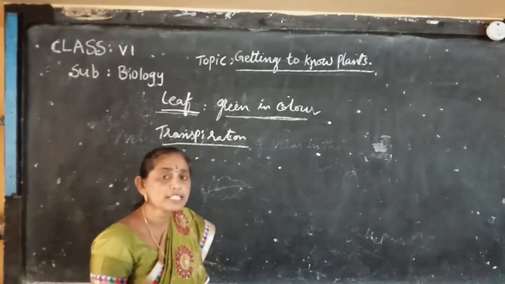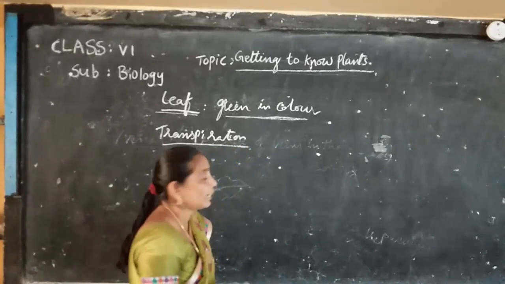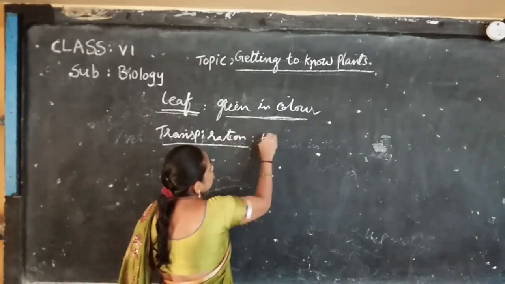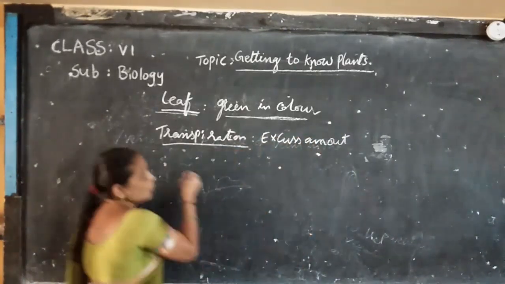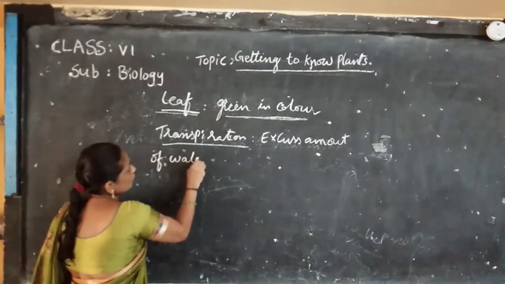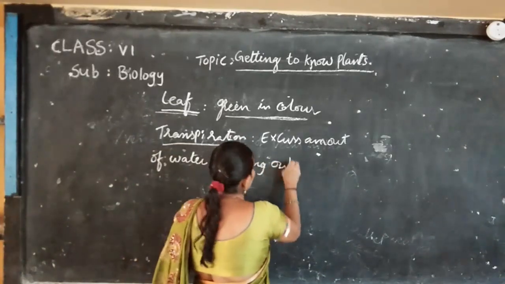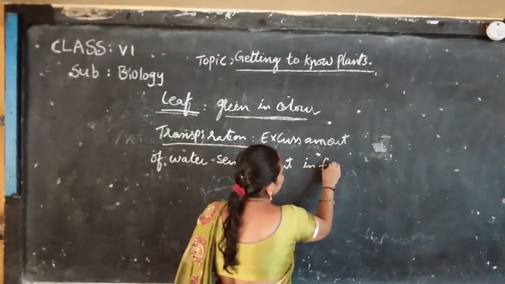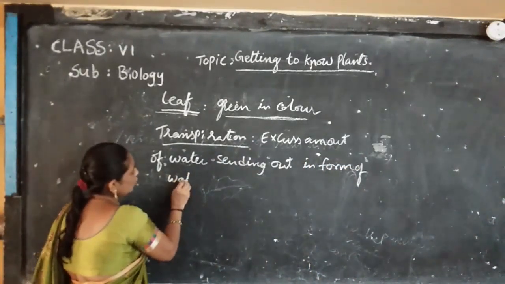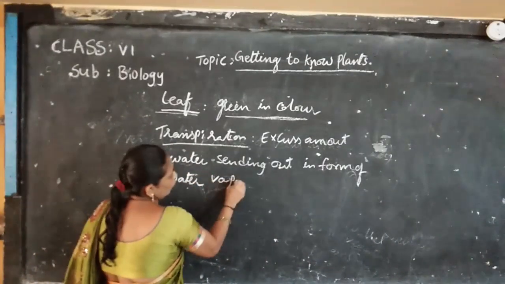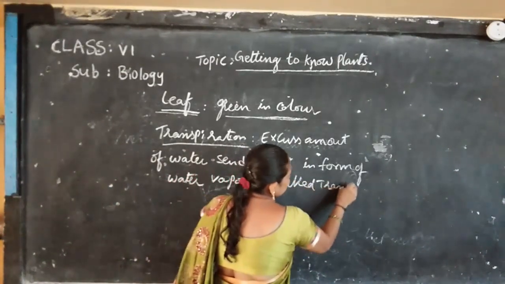Excess amount of water sending out in the form of water vapor is called transpiration. Listen carefully.